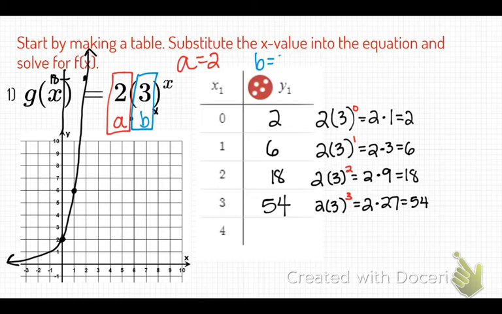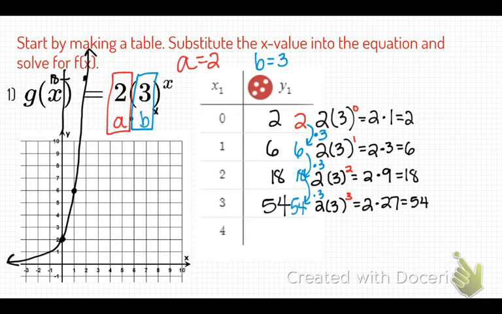Does that make sense? And what did a stand for again? What do we call our a value? Our initial value or our 0 term. So I can write a here. And what did b stand for? My multiplier. So what's 2 times 3? And what's 6 times 3? And what's 18 times 3? Okay, does that make sense? That's another way I can solve this. Did I get the same numbers both times?